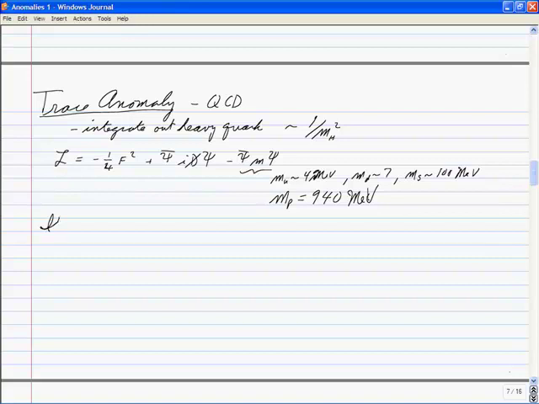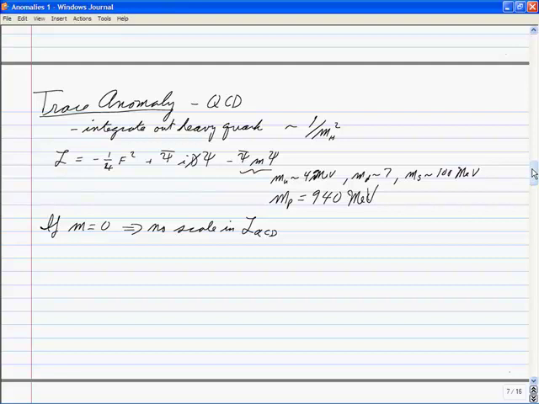But if m is equal to 0, then there's no scale in the Lagrangian of QCD. So the issue is, how can you get any masses in a theory that doesn't have a scale?